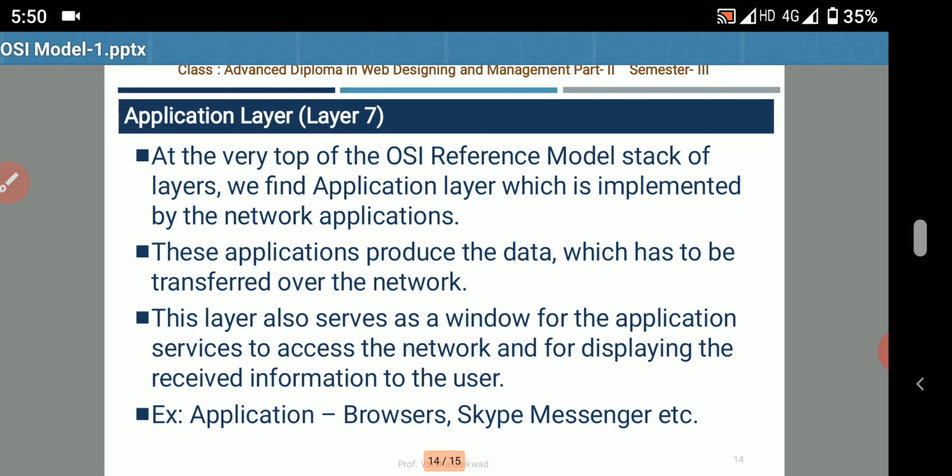Like when you go to some websites, what protocols are being used for this functionality. So, HTTP and HTTPS are used for web surfing, that is Hypertext Transfer Protocol. And others are also there like FTP, which is used for file transfer.